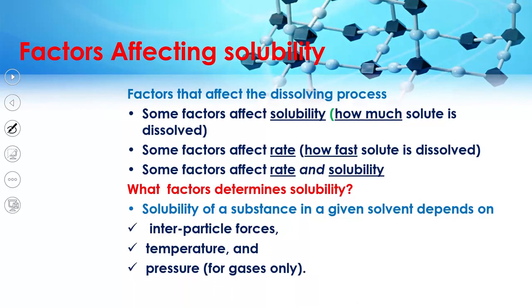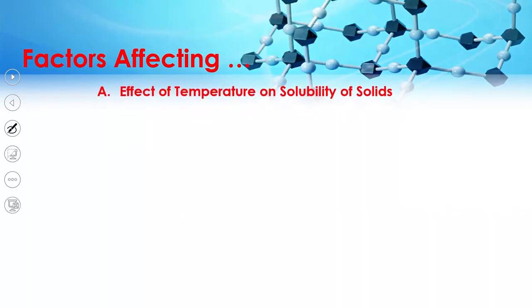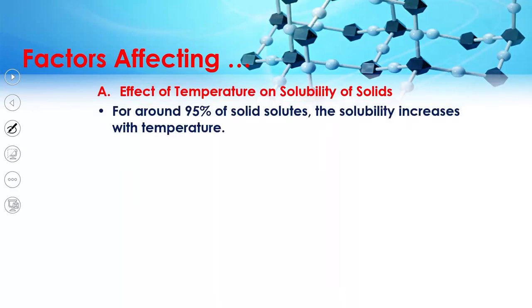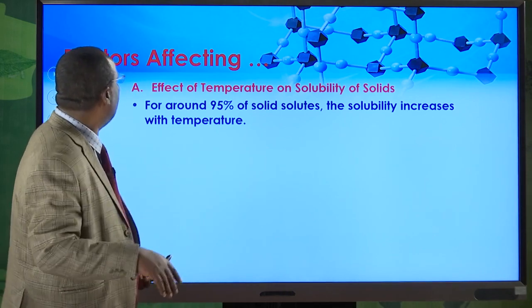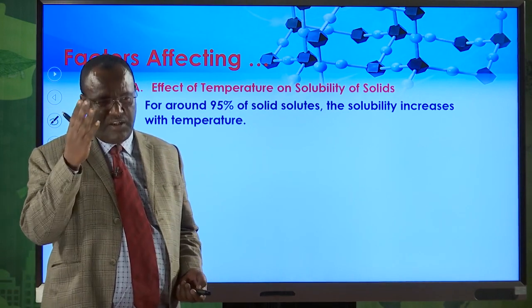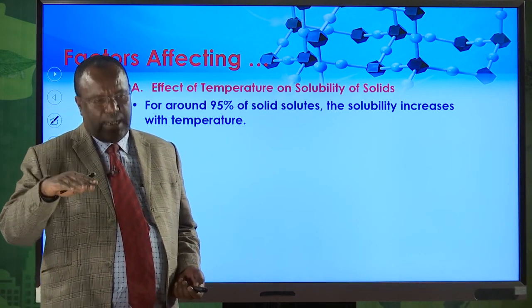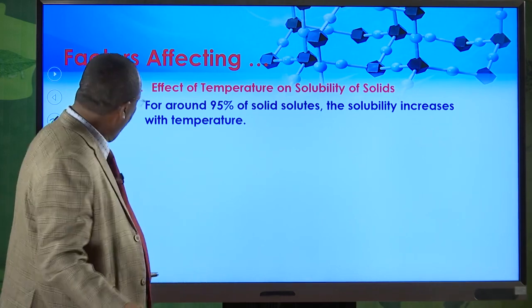These are the conditions. What is the effect of temperature on solubility of solids? For almost 95% of solids, the solubility increases with temperature. In most cases, when a solid is dissolved in a liquid solvent, as temperature increases, solubility will also increase.